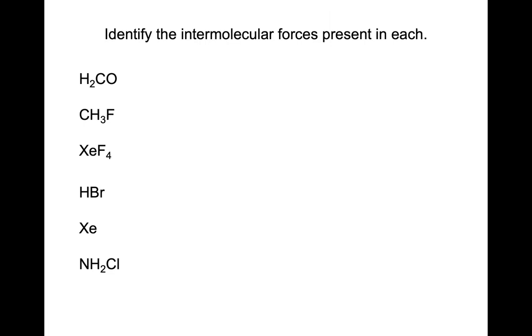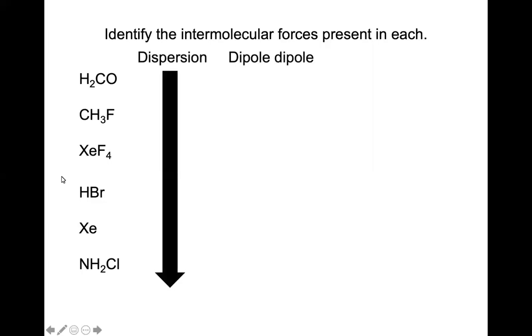To me, this is all about being able to write the VSEPR predicted geometry and think about whether it's a polar molecule or not. If I were to look at this group right here, well, I know they all have dispersion forces because every molecule, every atom has dispersion forces. So that's easy.